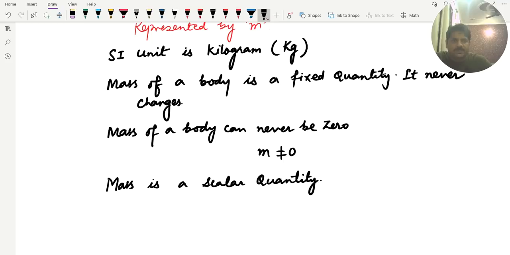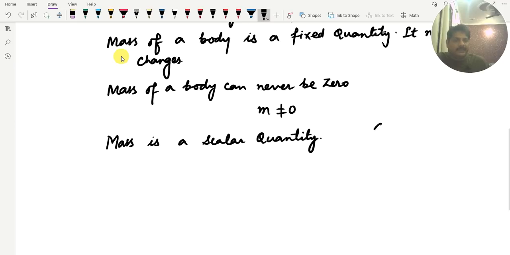Now there is another point which we can write here. Mass is not affected by the presence of other objects. So if we have, let us say, body A having mass m1 and body B having mass m2, the mass of body A remains unaffected by the mass of body B. The masses would always remain the same.